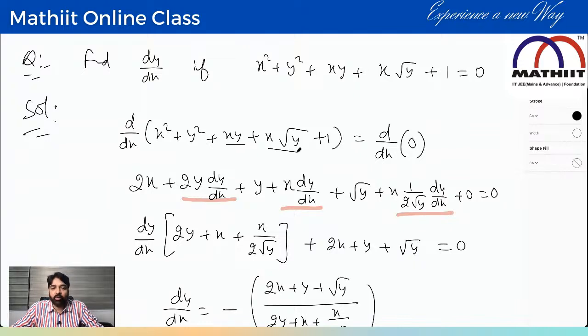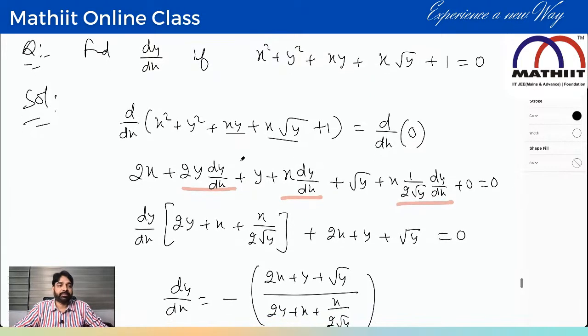Here again the product rule: differentiation of x, 1 into root y, plus x into differentiation of root of something, 1 by 2 root something into the differentiation of something, plus the differentiation of 1 is 0, equal to 0. The rest is calculation. Is it clear?